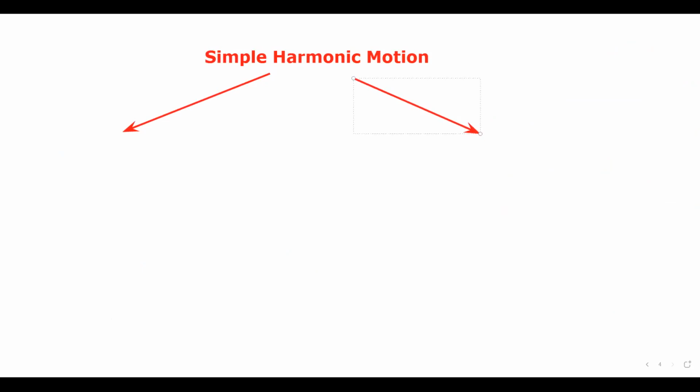So a vibratory motion in which the acceleration is proportional to displacement, or force proportional to displacement directed towards the mean position, is known as simple harmonic motion. So we can have a mass attached to a spring, or we can have a simple pendulum.